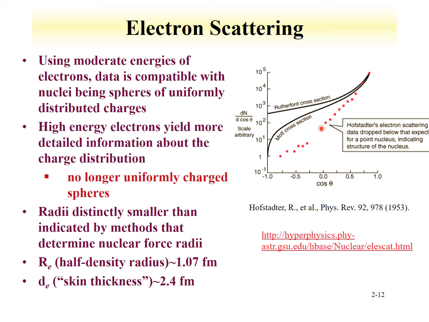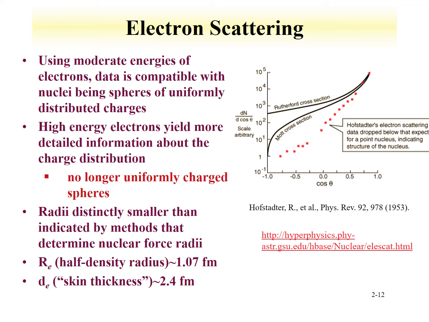So in other words, data was obtained, and information was used from previous studies and previous models that explain the nucleus. Now to explain this data, you start to bring in information related to nuclear structure that shows variations. One of the things that can be seen with electrons is that the radii are distinctly smaller than with other methods. There seems to be a half density and a skin thickness associated with nuclei.